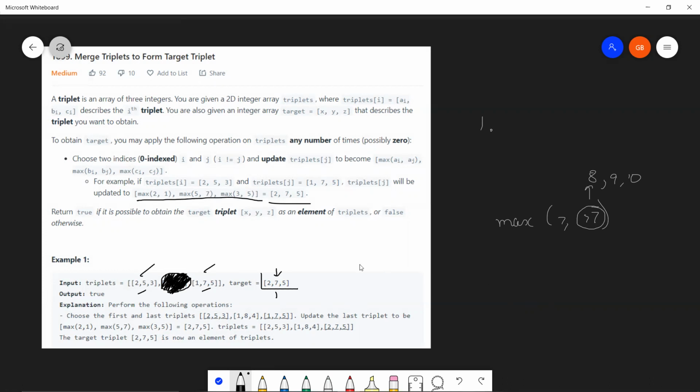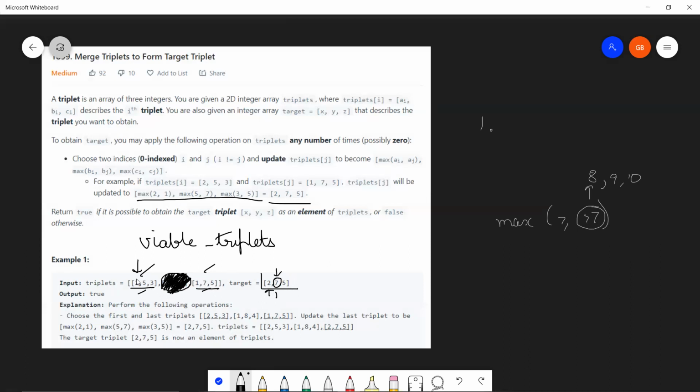That is not required because now what you can do is just iterate through these viable triplets, which are the first and the last triplet, and see if any of the triplets' corresponding position matches with the target. So I need to look for a 2. Okay, I can get a 2 from the first triplet. I need to look for a 7. I can't get it from the first triplet. No worries, I can get it from the second triplet. I need to look for a 5.